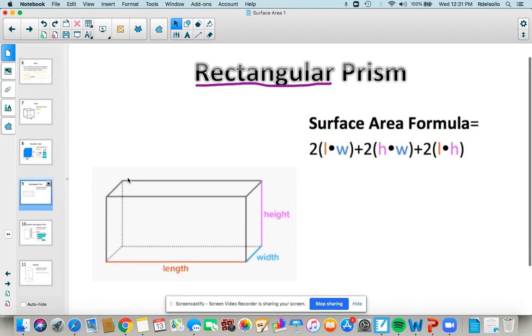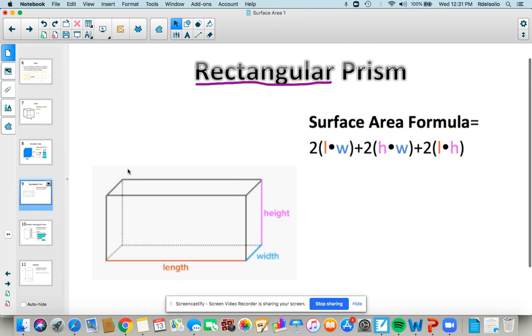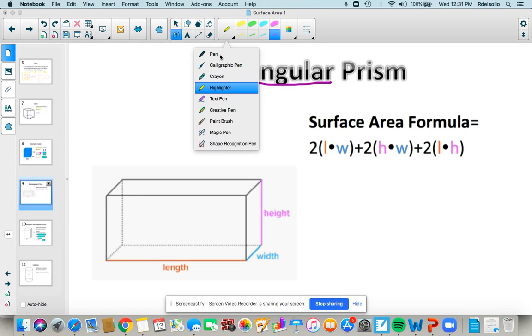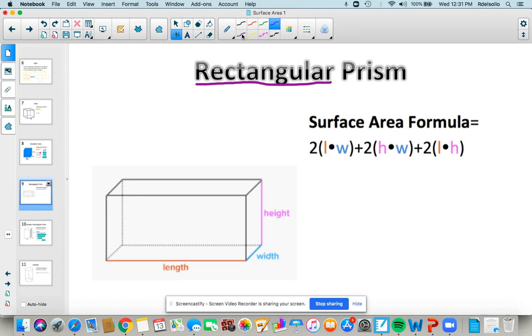The next 3D figure I would like to discuss is a rectangular prism. Rectangular, right in the title of this figure, think of a rectangle. In the previous unit, we worked with just area. So the area of a rectangle is base times height, which is the same as length times width.